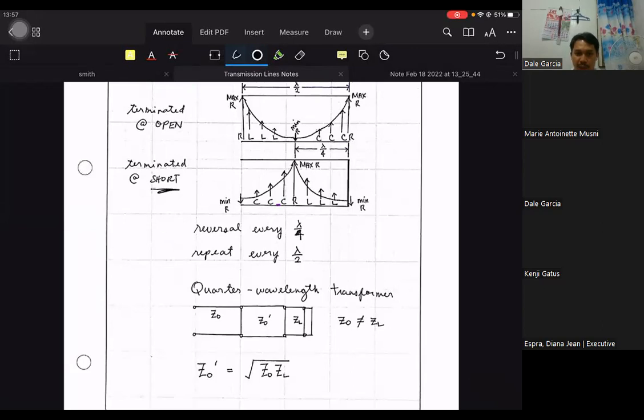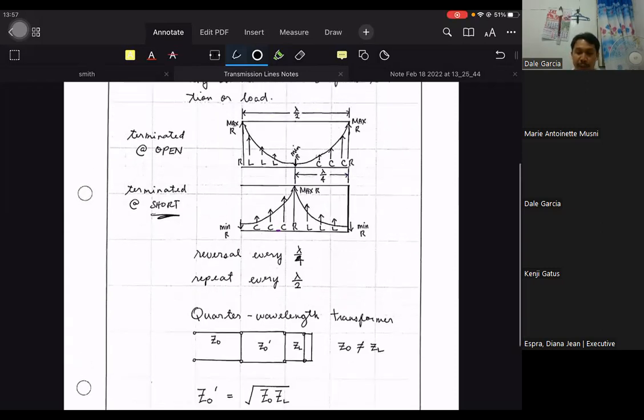Why? Because as I have said, when we, for example, match a line to a load, it is not ideal to use terminated at open lines, because open lines might radiate electromagnetic energy.